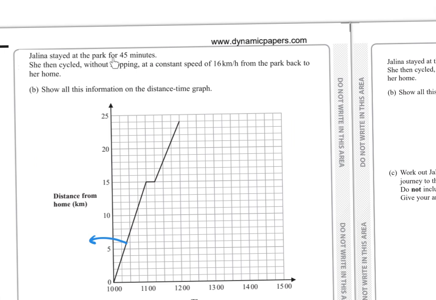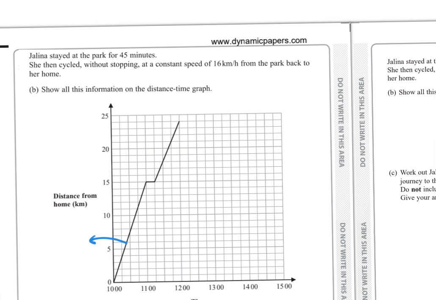Jalina stayed at the park for 45 minutes. She then cycled without stopping at a constant speed of 16 kilometers per hour from the park back to her home. Show all this information on the distance time graph. So she stayed for 45 minutes, so a horizontal line.